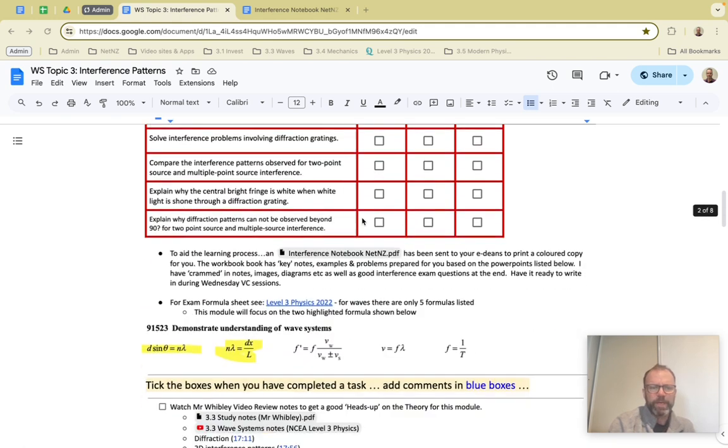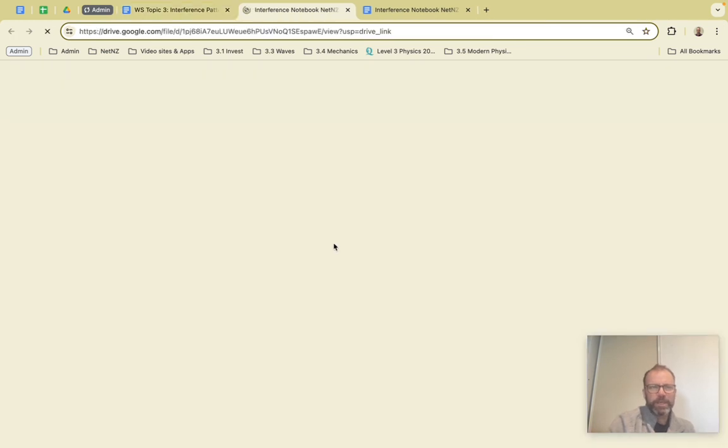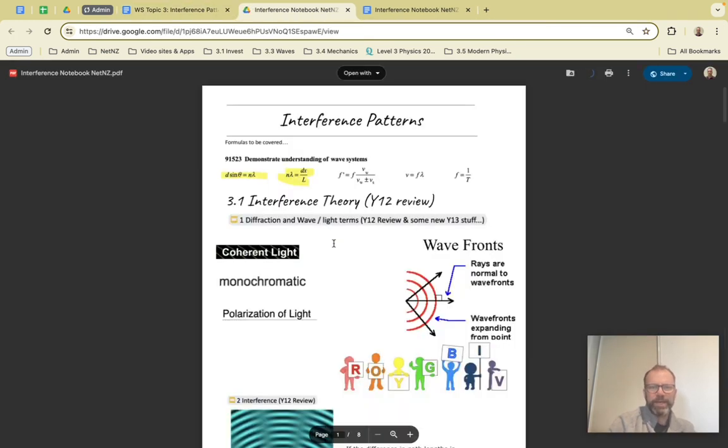Long time away. To aid your learning, this PDF file has been sent to your EDean. I've asked them to blow the budget and print it out in color. It's 8 pages.